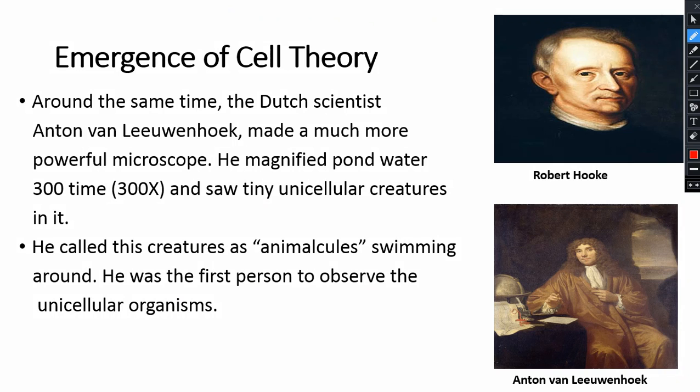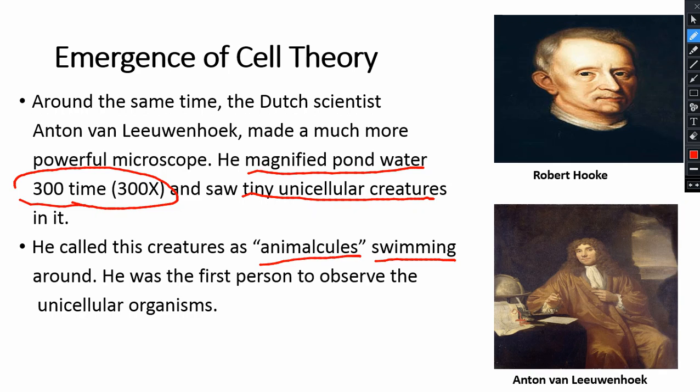The microscope he made was more powerful because its magnification power was 300 times, and he took a drop of water from the pond and observed it. When he saw that drop of water, he saw some tiny creatures, and secondly, he saw that these creatures were swimming. That's why he called these creatures animalcules, because they were moving, they were living.